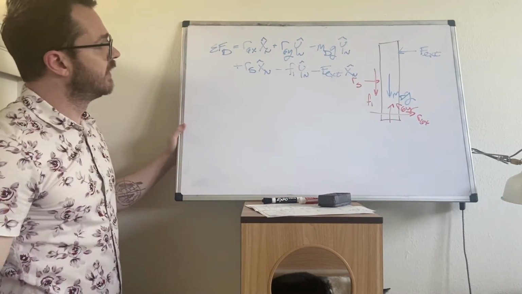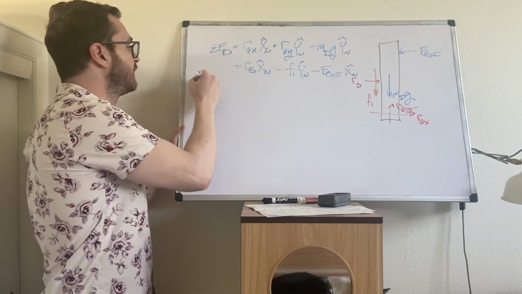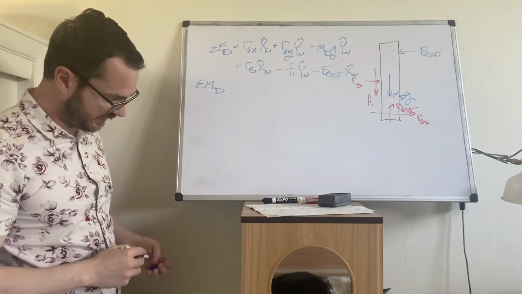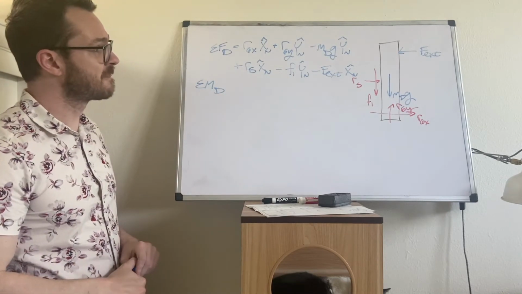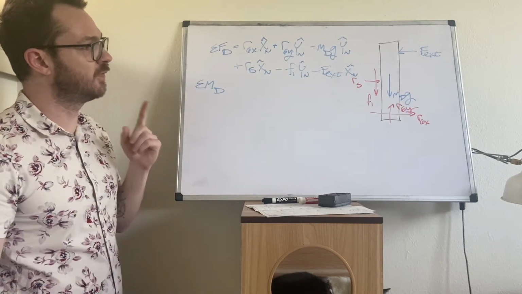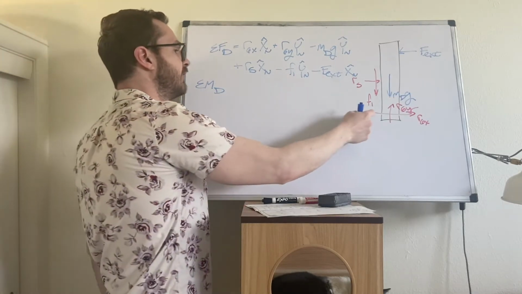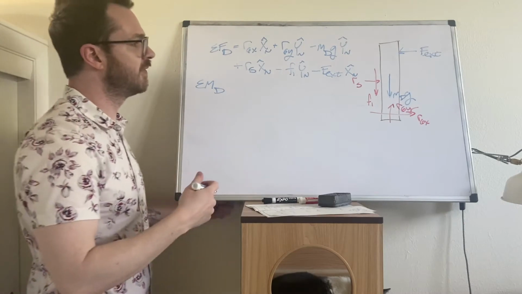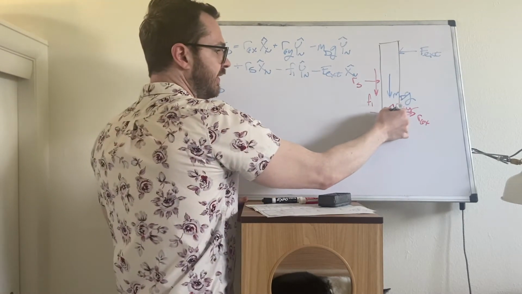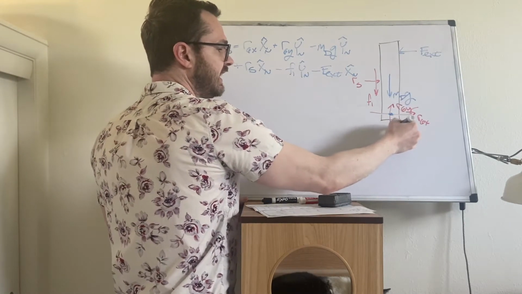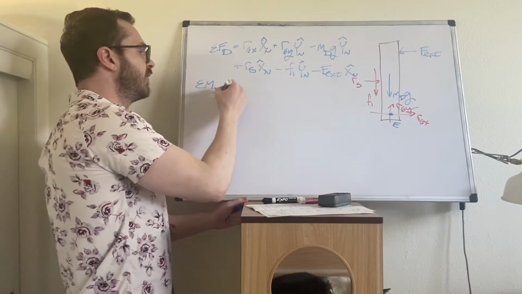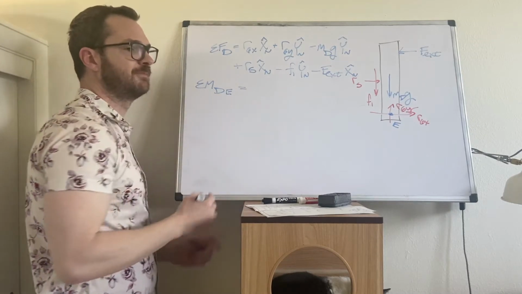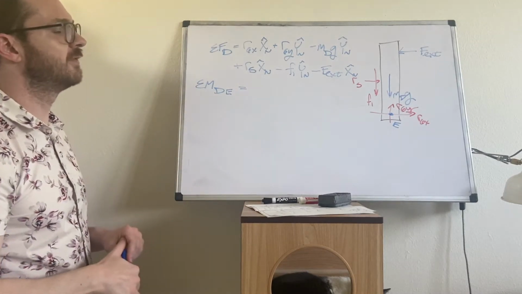All right, sum of moments. Now, what point should we take the sum of moments about? I don't want to have to deal with the reaction forces at the pin joint. So I'm going to say the sum of moments, let's call this point E. Sum of moments on D about point E. Okay, which forces create moments about point E?